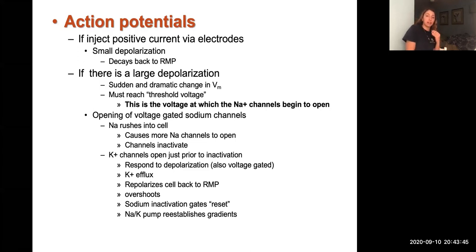Then eventually the sodium inactivation gates reset, which means they go back to a closed state, but the ball is not there, so it's closed but active. And the sodium-potassium pump will reestablish the gradients, so back to the resting membrane potential of negative 70.